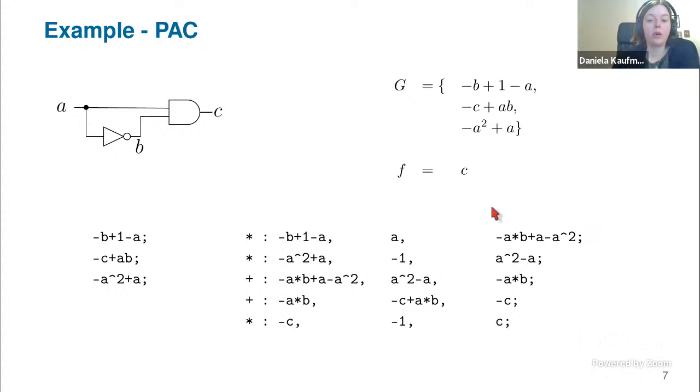And for proof checking, we then simply traverse over each proof rule. And for each proof rule, we check whether we already know the indices, so the antecedents. For multiplication, we only need to check this for the first polynomial. In this case, yes, we know it because it's one of the given polynomials.